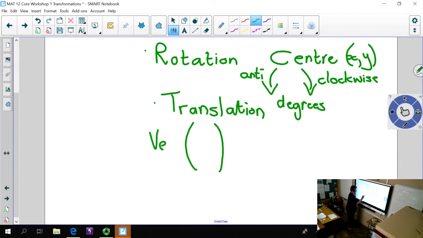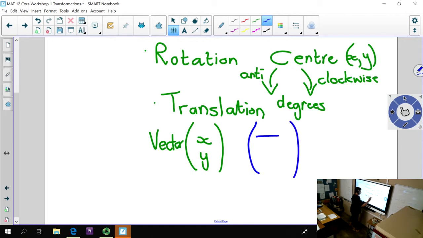We use here the column vector, and it is X over Y. The meaning of that is if you go to the right, X, then this is positive and this is negative. If you go up, it is positive, and if you go down, it is negative. So this is the X movement, and this is the Y movement, the column vector.